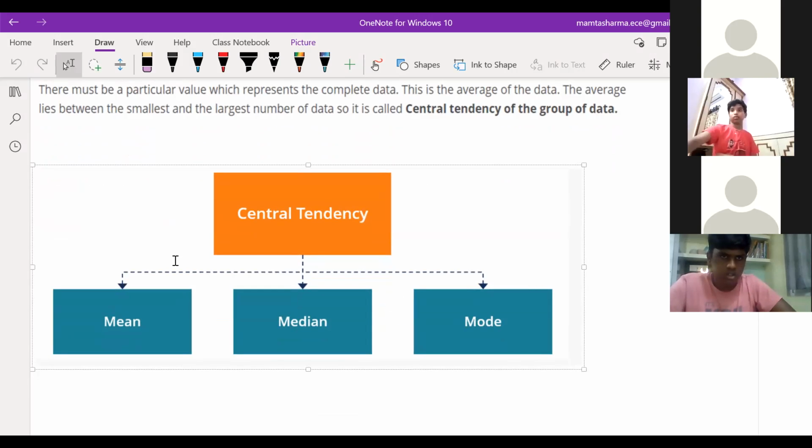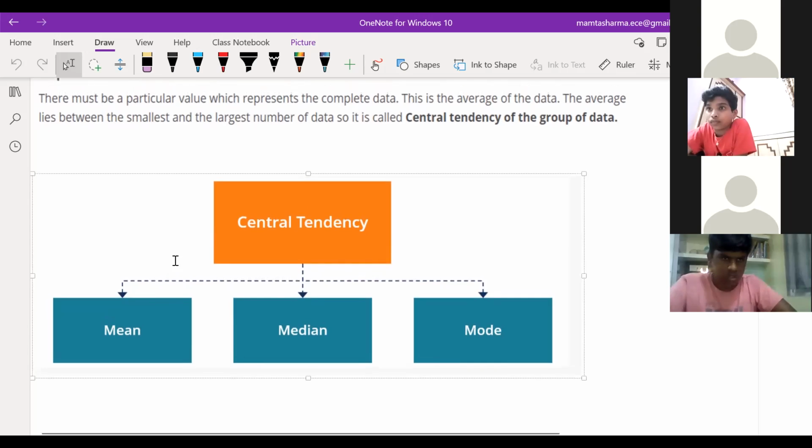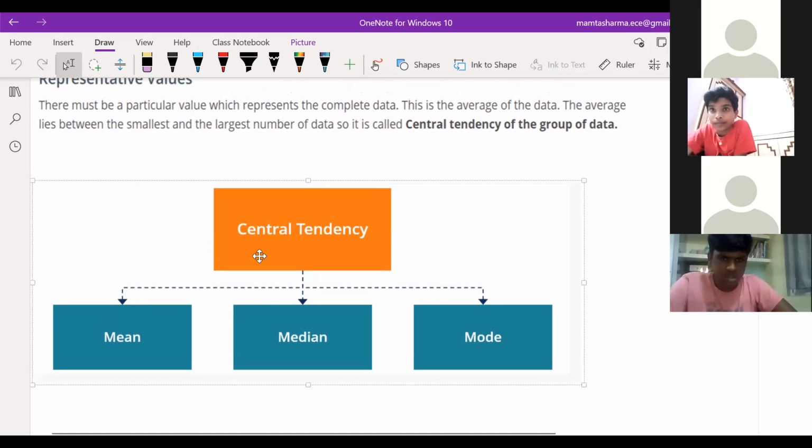Mean, median and mode all show the central tendency of data. Why is it central tendency? Because it gives the central value or the middle value.